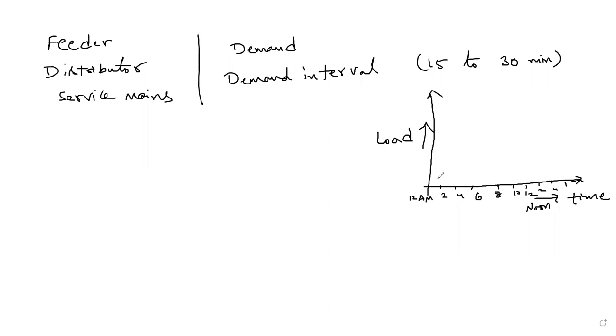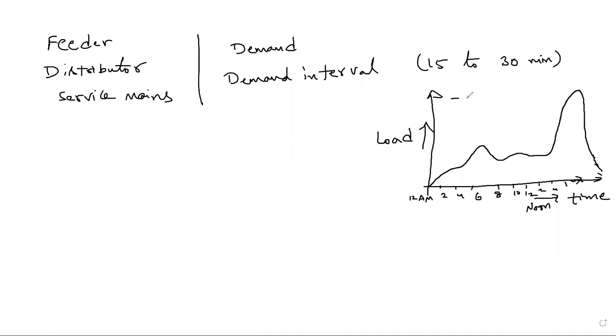Generally during the night times the load is very much lower, and the curve goes on increasing as it reaches the evening, after 4 or 5 o'clock up to the night, 10 to 11 o'clock.